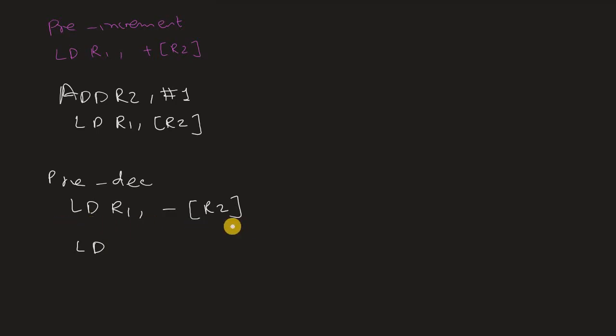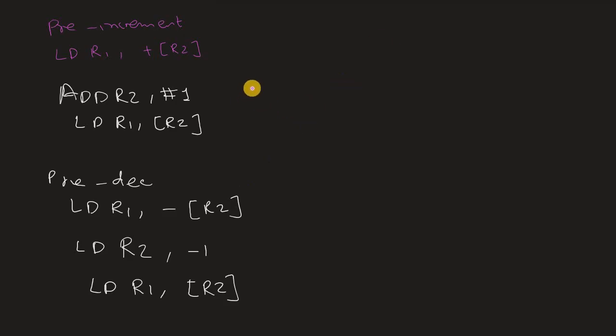What is this doing? This is basically subtracting 1 first from R2, and afterwards we are loading R1, taking the memory address of R2 and loading the contents into R1. So this is basically it.